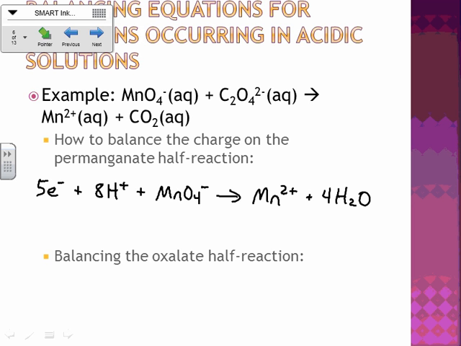Okay, and again, I would just check at the end to make sure everything's balanced. We know the charges are balanced. We were just paying attention to that. The manganese are balanced. The oxygens are balanced. The hydrogens are balanced. So everything looks good.